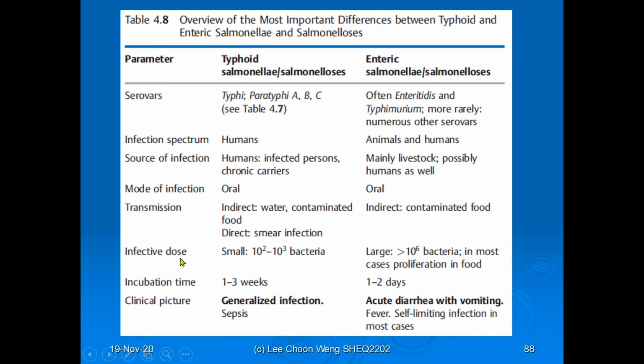The infective dose is very different: very small for typhoid salmonellosis and very large for enteric salmonellosis. That would explain why the incubation time is a lot longer for typhoid salmonellosis, because the bacteria need to multiply and grow further before the infection starts, whereas for enteric salmonellosis the incubation time is shorter.